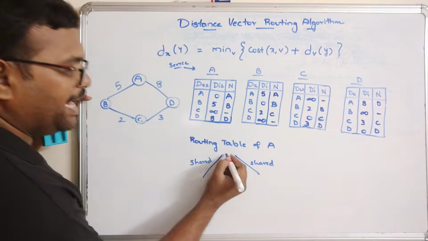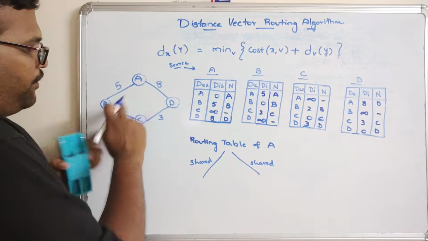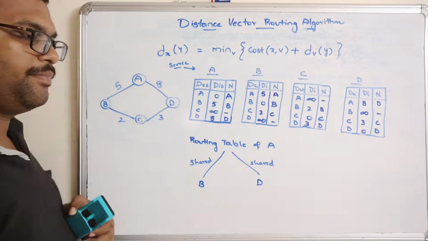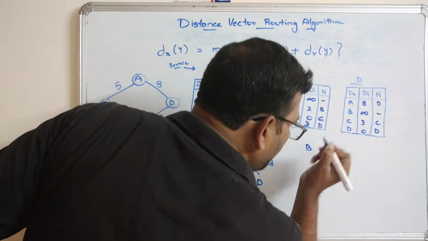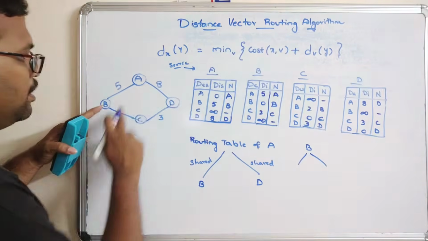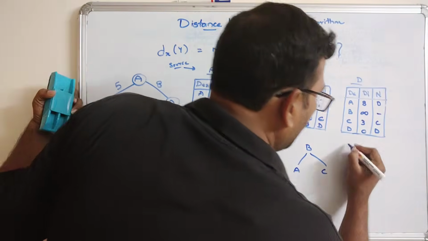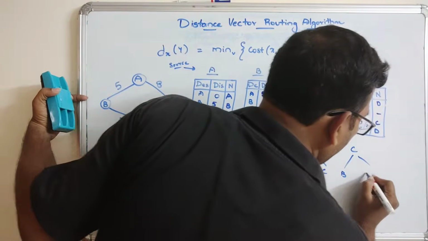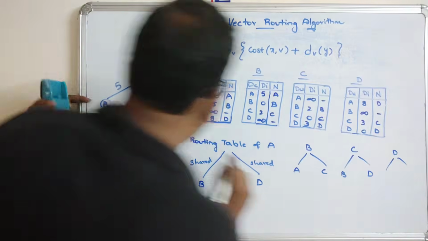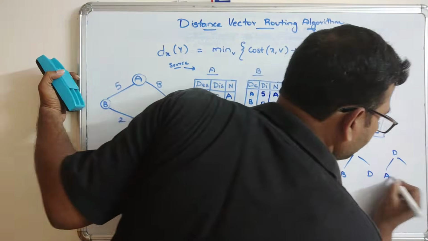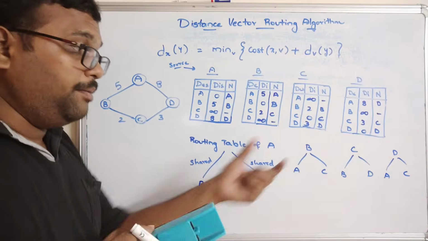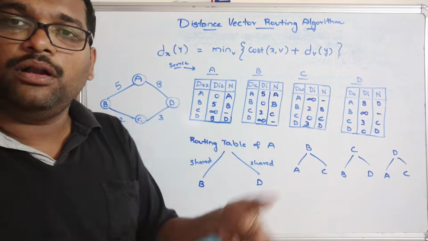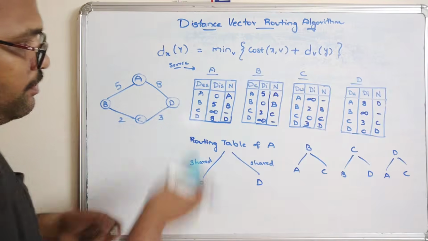You can see the neighboring routers of A are B and D. Similarly, the routing table of B will be shared among A and C. The routing table of C will be shared among B and D. The routing table of D will be shared among A and C. And by sharing these, the routing tables will keep on updating. Now we'll see one by one.